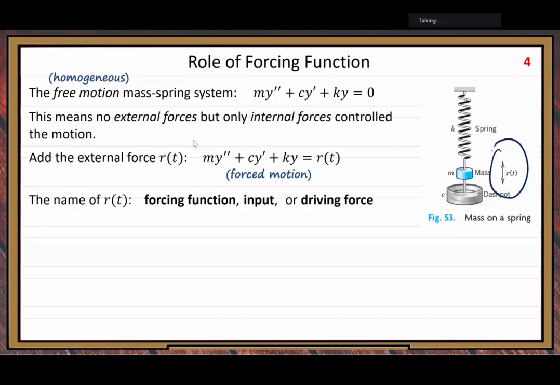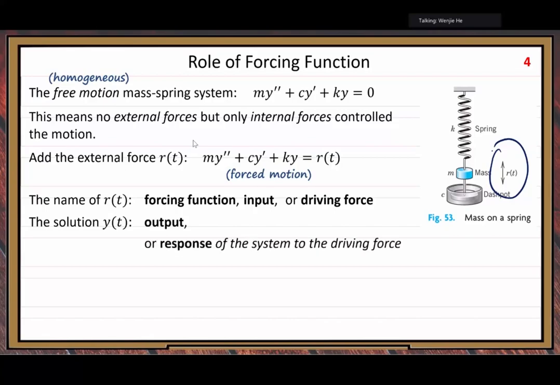Or driving force. Then the solution, y of t, is the output. You apply input, then you get output from the system, or the response of the system to the driving force.